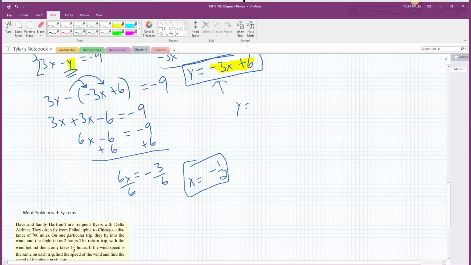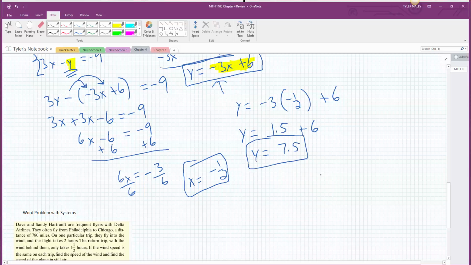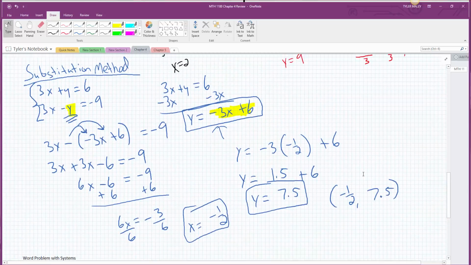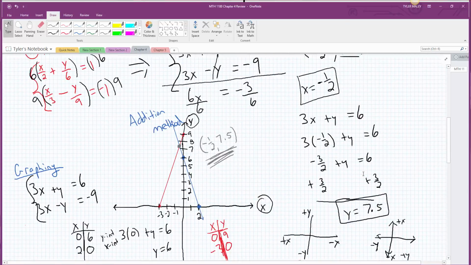I know that y equals -3 times x, which is -1/2, plus 6. So this gives me 1.5 plus 6, so y is 7.5. So I found the solution, -1/2, 7.5, yet again. So we did this all 3 ways and came up with the same solution.